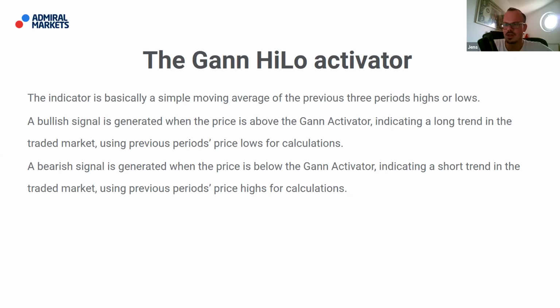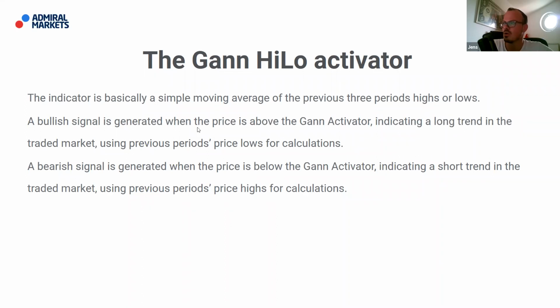So now let's have a look at what this Gann HiLo activator is based on. The indicator is basically a simple moving average of the previous three periods' highs or lows, in fact. And then a bullish signal is generated when the price is above the Gann activator, which is clear because once we trade above a certain Gann angle, we're in an uptrend and the environment is bullish, while once we trade below this angle, we have a short or bearish signal, a bearish market environment.